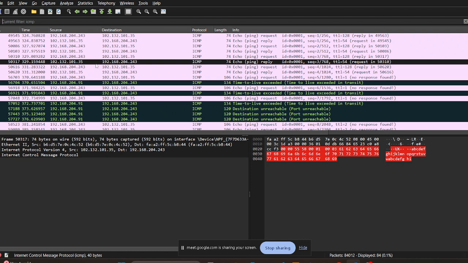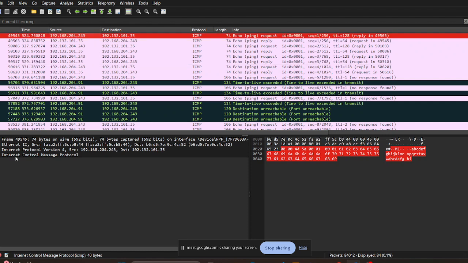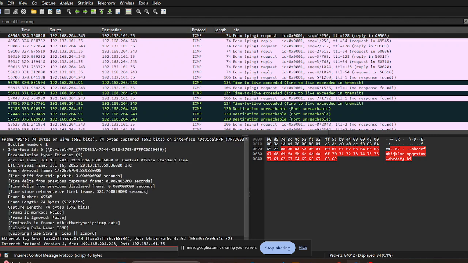So for the interpretation of ICMP using the TCP/IP model, how many layers does the TCP/IP model work with? How many layers? Hello?